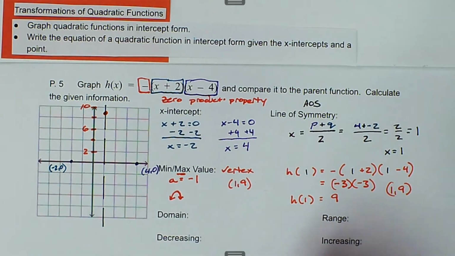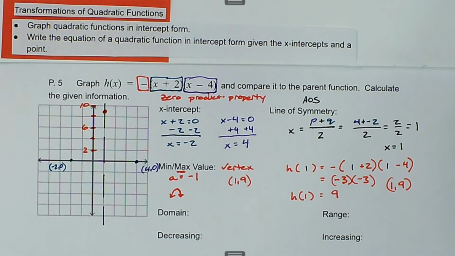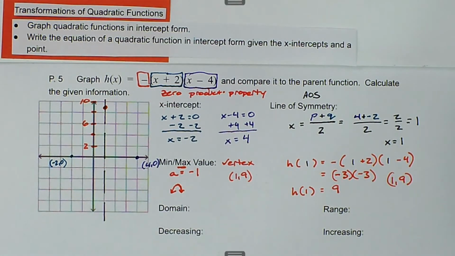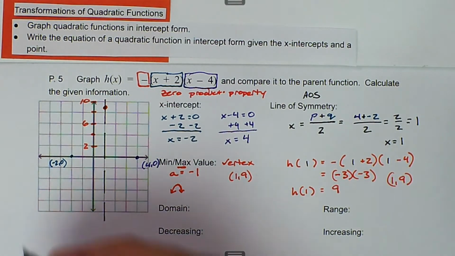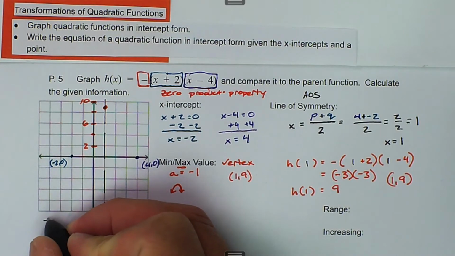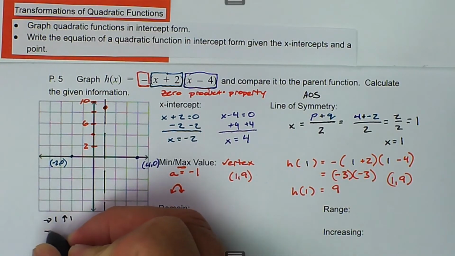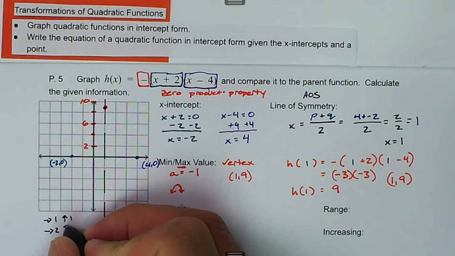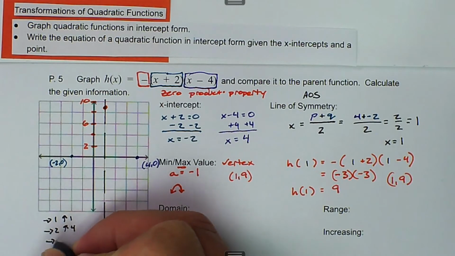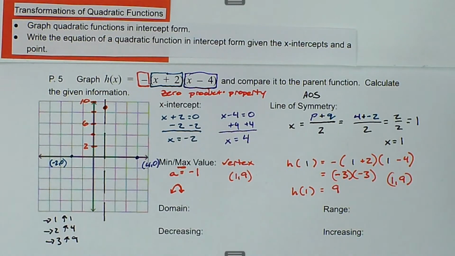And then we can look at our parent function as it relates. So for our parent function, we say go over 1 and then up 1, and then over 2 and up 4, and then over 3, up 9. So in this case, we're going to multiply again by negative 1.